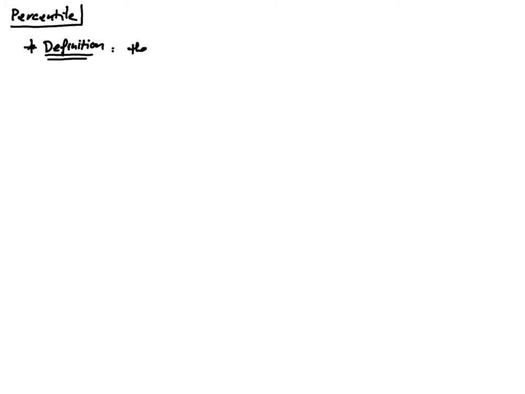So the p percentile is the value such that two conditions are met.